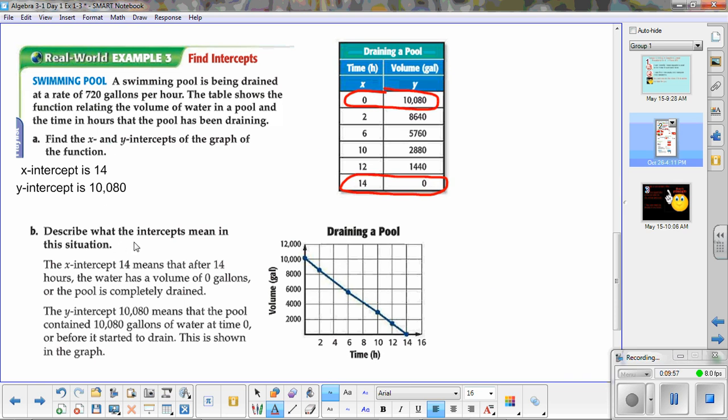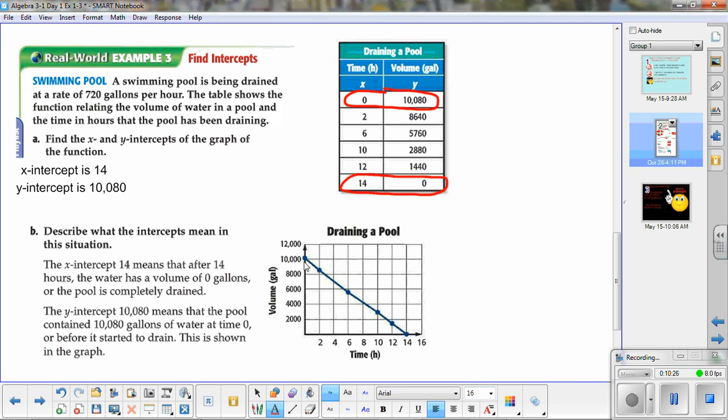Part B says describe what the intercepts mean in this situation. So they've drawn a graph of the same information. The x-intercept of 14 means that after 14 hours, the water has a volume of 0 gallons, or after 14 hours, that's when the pool is empty.